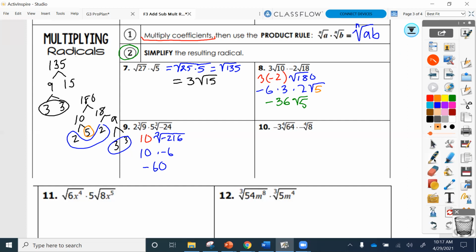All right, here we're going to start by multiplying the coefficients on the outside. So negative 3 times negative 1 is positive 3. We're going to use the product rule. So 64 times 8 is 512. And 512 can be separated as 256, which we know is a perfect fourth, times 2.